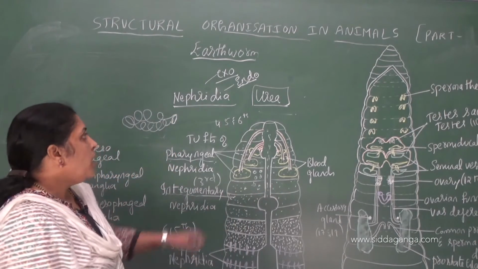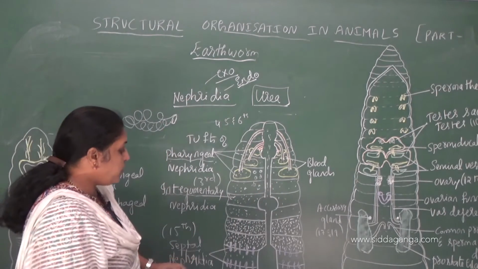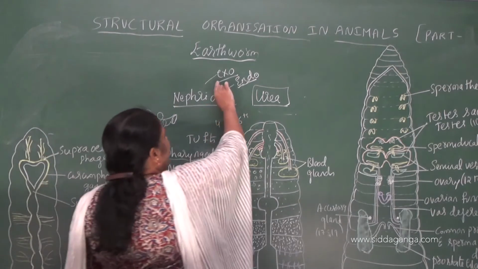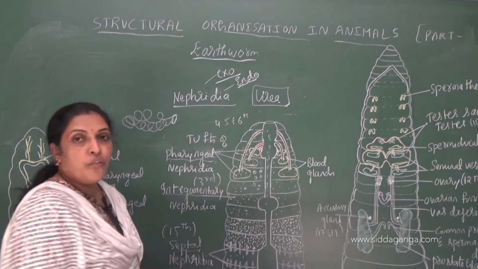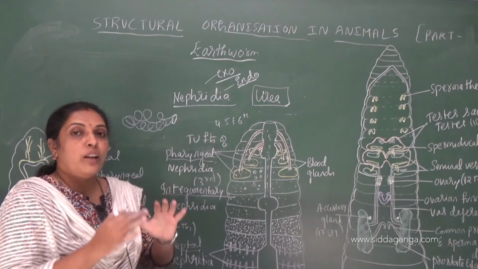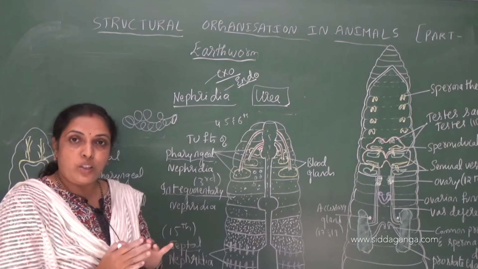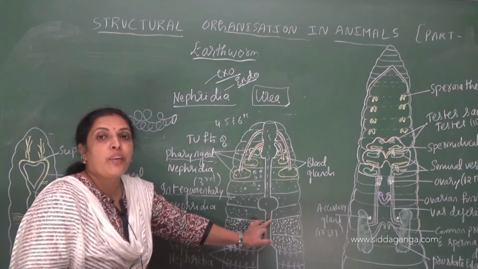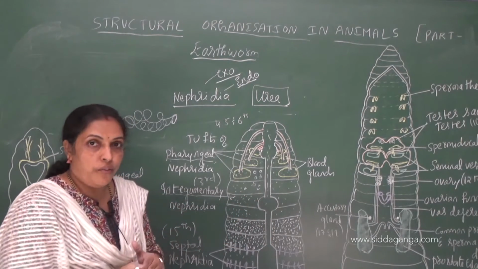Understood? Integumentary nephridia and septal nephridia release waste to the outer surface of the body. That's why they are exonephric in nature. If the nephridia release waste into the alimentary canal or into the lumen, it is called endonephric.